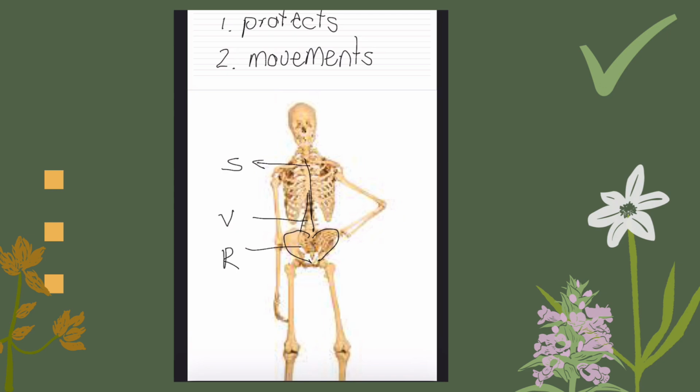Let's repeat that again. On our chest, we have our sternum. Running through our spine, we have our vertebra. And in the hips, those two bones are our pelvis.